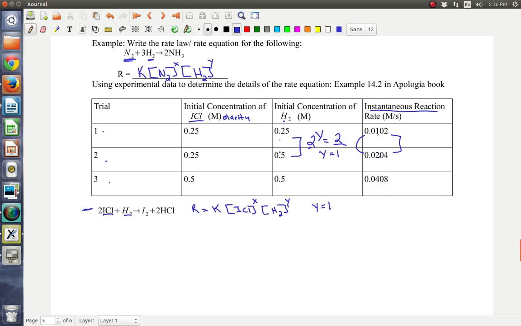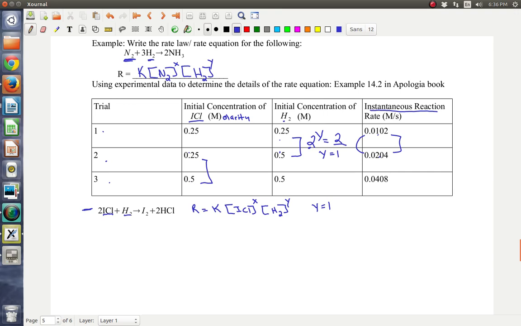y equals 1. Now let's figure out x. I cannot use these same 2 trials, because this one did not change, this one did. So I have to pick 2 more trials where the first reactant's concentration changed but the second one stayed exactly the same. In trials 2 and 3, this stayed the same, but this changed. Since this changed, this is where I get my x value from.